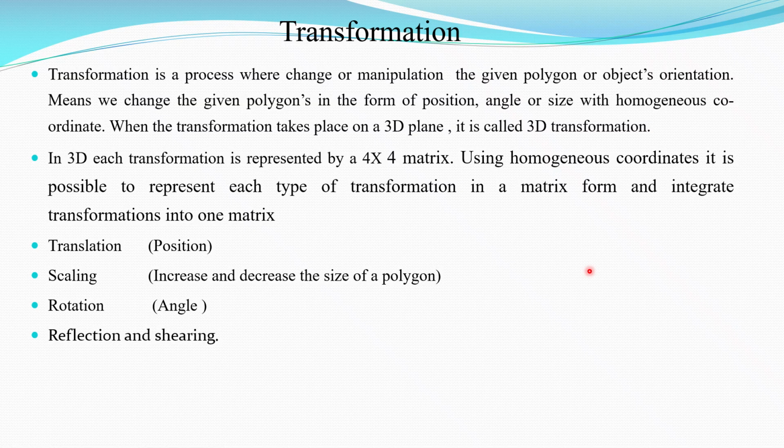Reflection gives a 180-degree, or you can say mirror image of a given object, and shearing tilts the object along a half diagonal, or you can say a bend of the given image. So this is about 3D transformation, where the matrix is represented as 4 by 4.